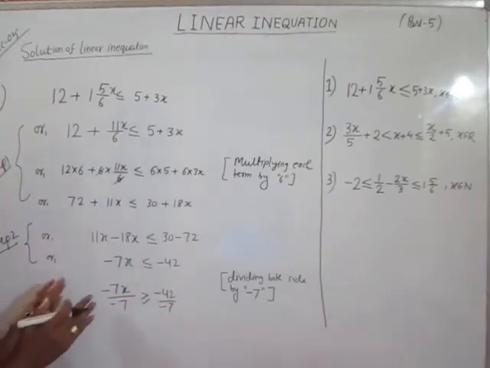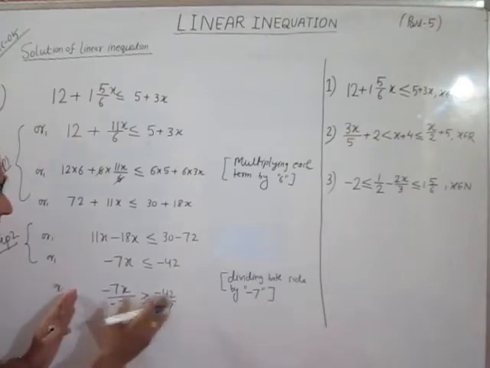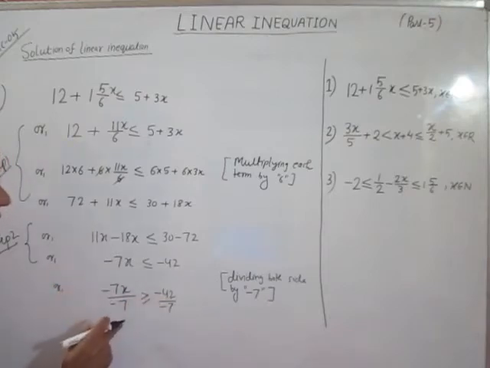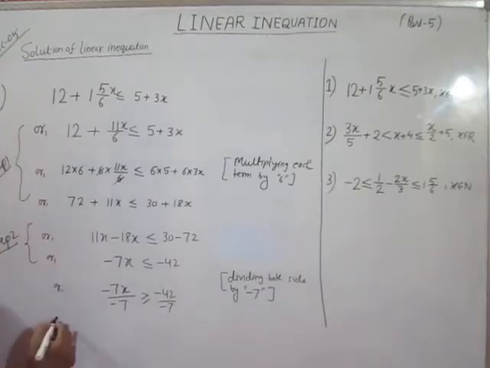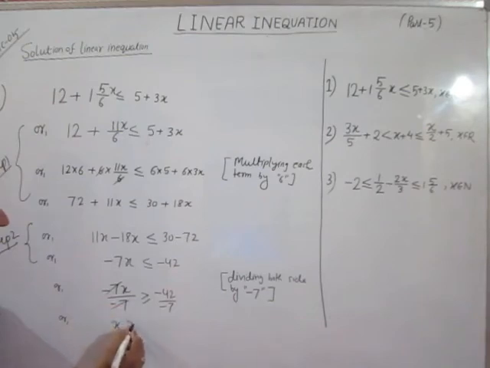So you have to be very careful at this step. Don't forget to reverse the sign of inequality if you are dividing by a negative number. Now minus 7 cancels, so here you get x, the sign of inequality is greater than or equal to, and here it will be 6. So this is our third step.